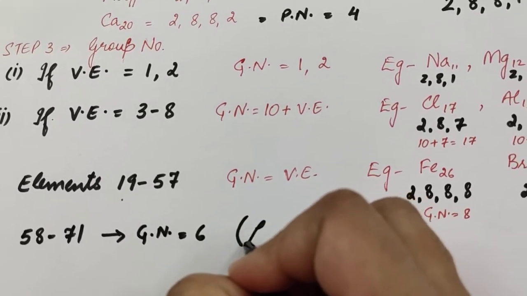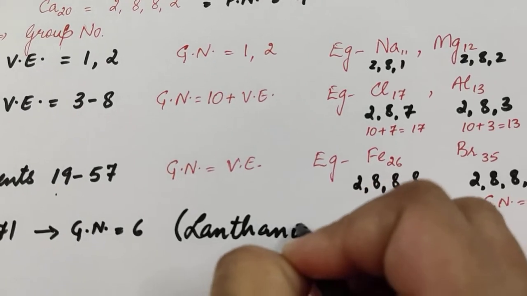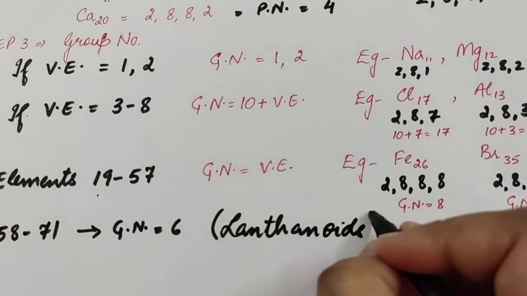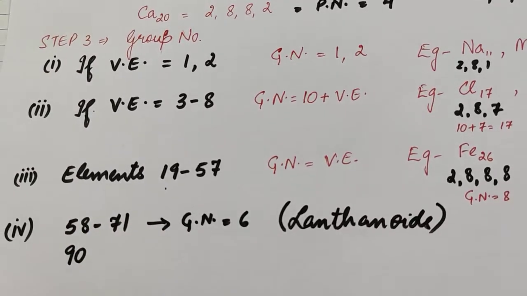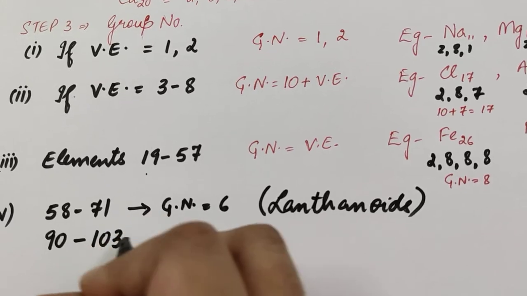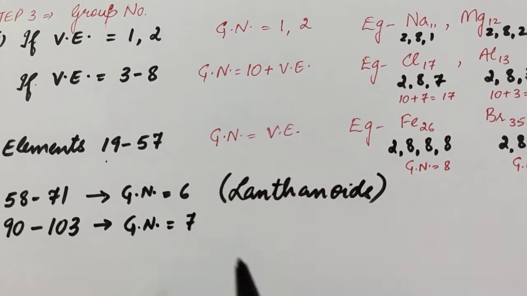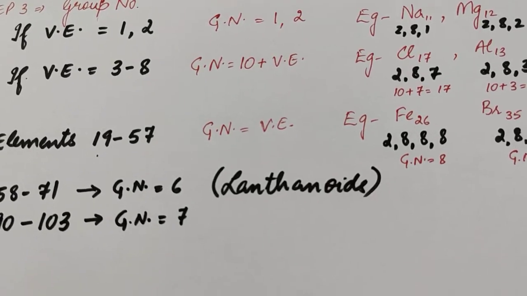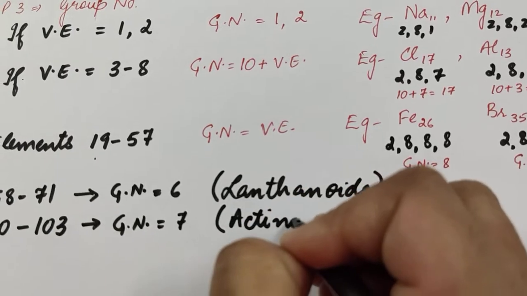And we all know that these are characterized as lanthanoids. And if the atomic number of the element is 90 to 103, then the group number will be automatically 7. These are known as actinoids.